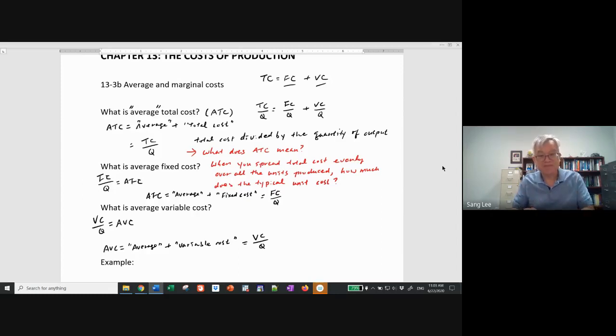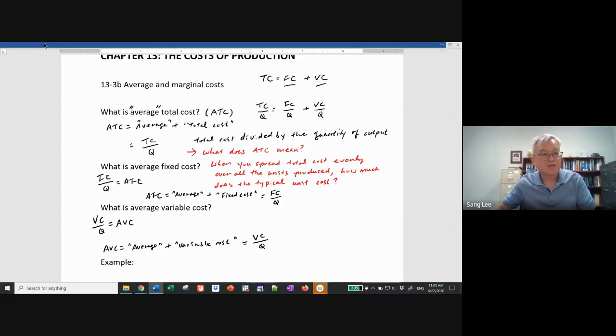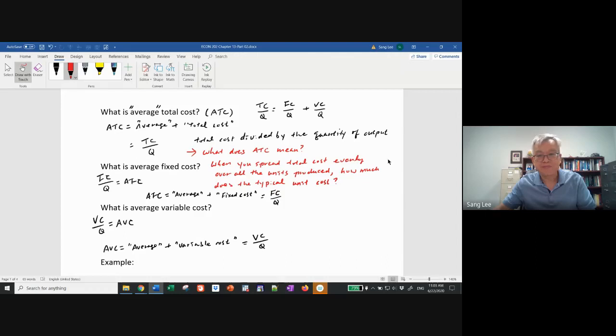And finally, now what do we know? We know total cost is fixed cost plus variable cost, right? Now, we divided both sides by the same quantity, then this equality will remain the same, right? Let me use a different color here.